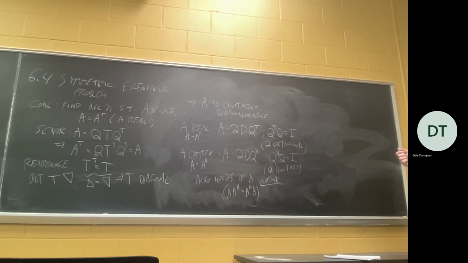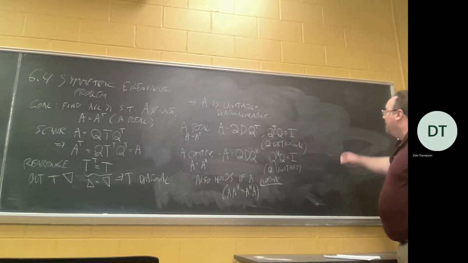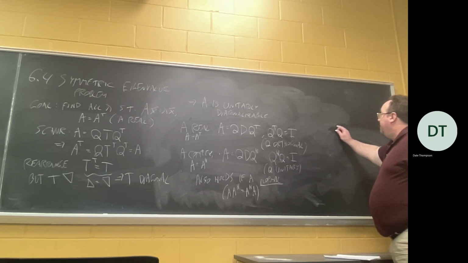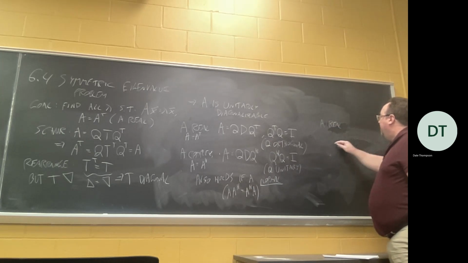So in the complex case T is also equal to its own Hermitian transpose. Okay. Right, so I'm going to stick with A being real.